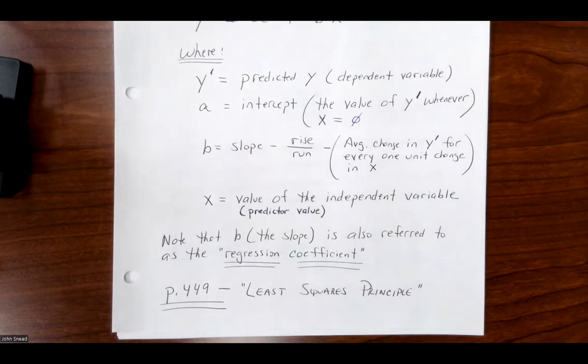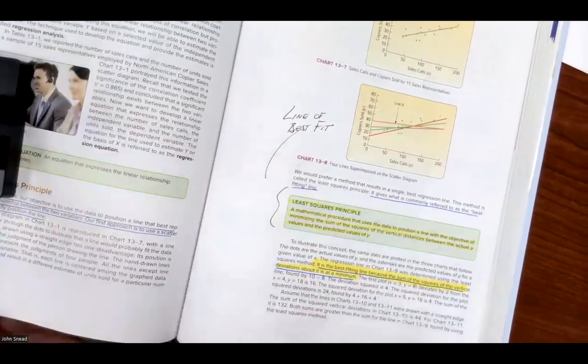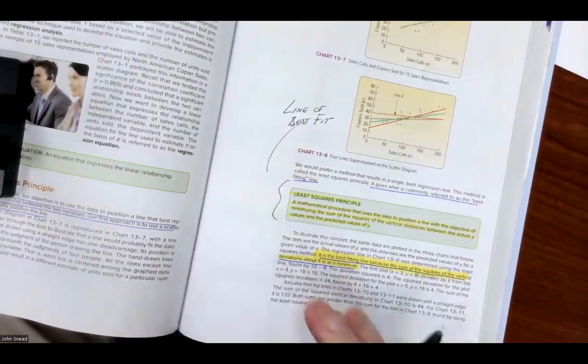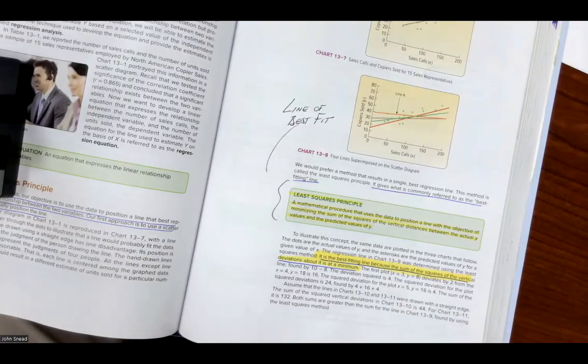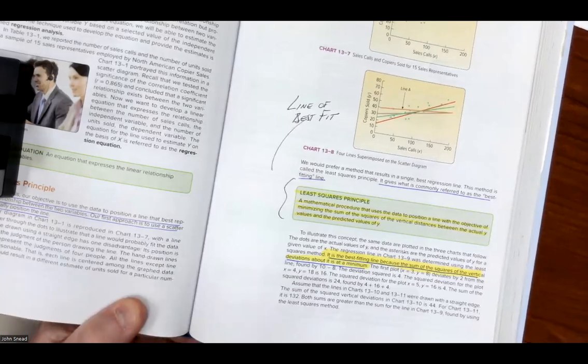And on page 449, take a close look at this least squares principle. Essentially, what it's telling you is that, they actually started on 448, it runs to 450. But here we have the least squares principle, a mathematical procedure that uses the data to position a line with the objective of minimizing the sum of the squares of the vertical distances between the actual y values and the predicted values of y.